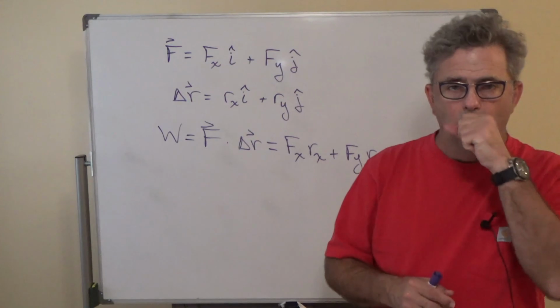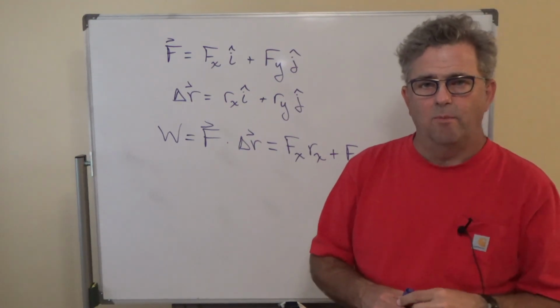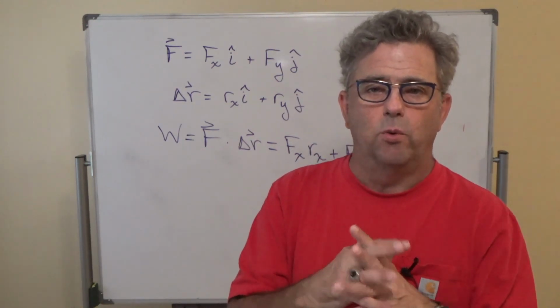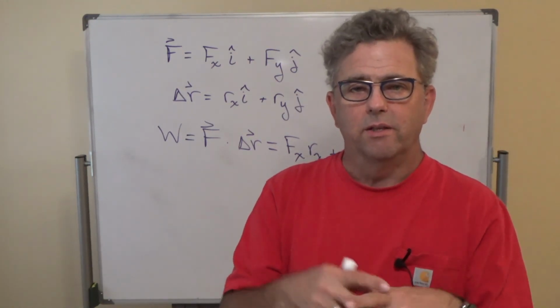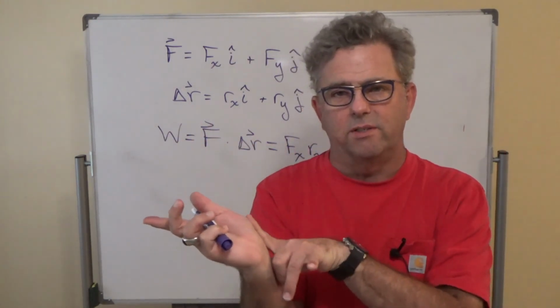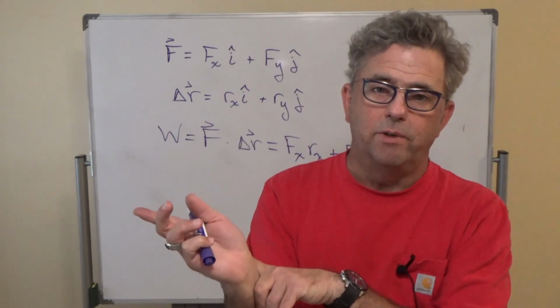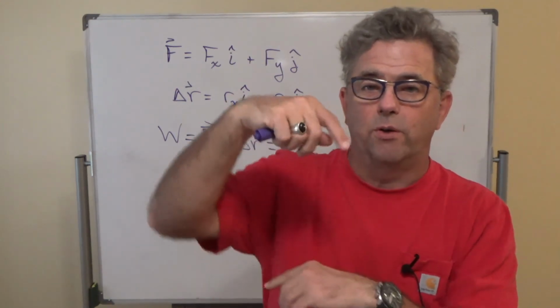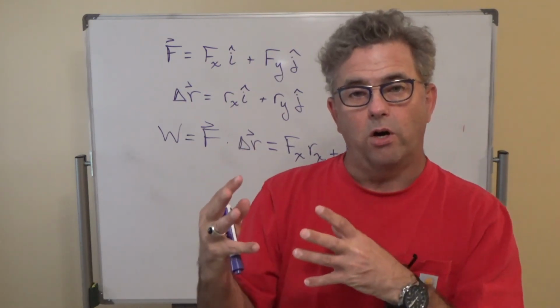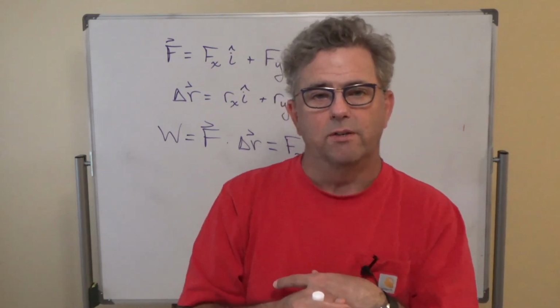So doing a net amount of work, like I said, you can look at the work done by individual forces. This force that's in the opposite direction of displacement, or a force that's in the direction of displacement, or a normal force, or a gravitational force, and so forth. Okay, you can look at all the work done by those forces individually.